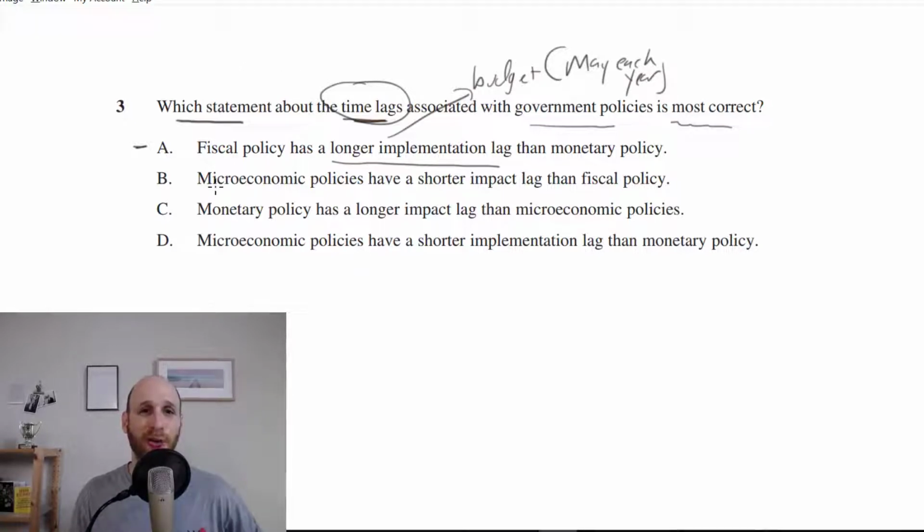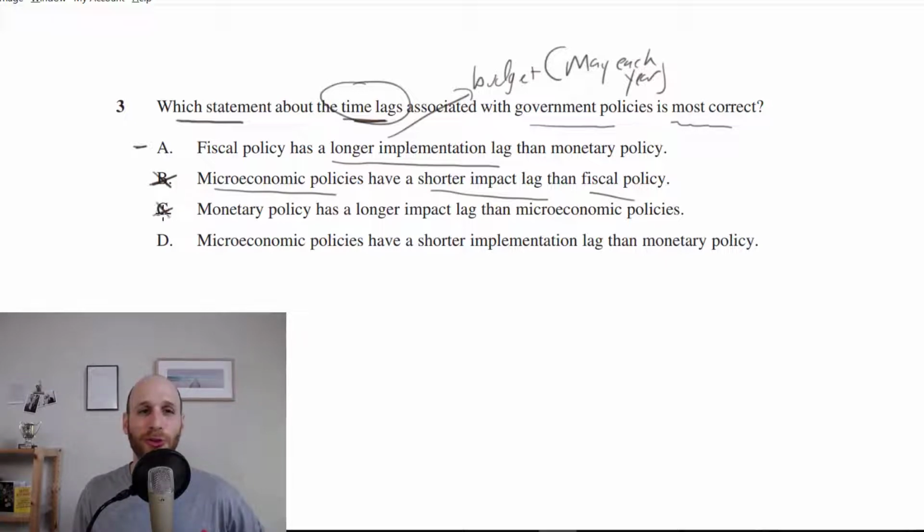B, microeconomic policies have a shorter impact lag than fiscal policies. No, microeconomic policies take a very long time to have an impact because they're quite large and very expensive. C, monetary policy has a longer impact lag than micro.